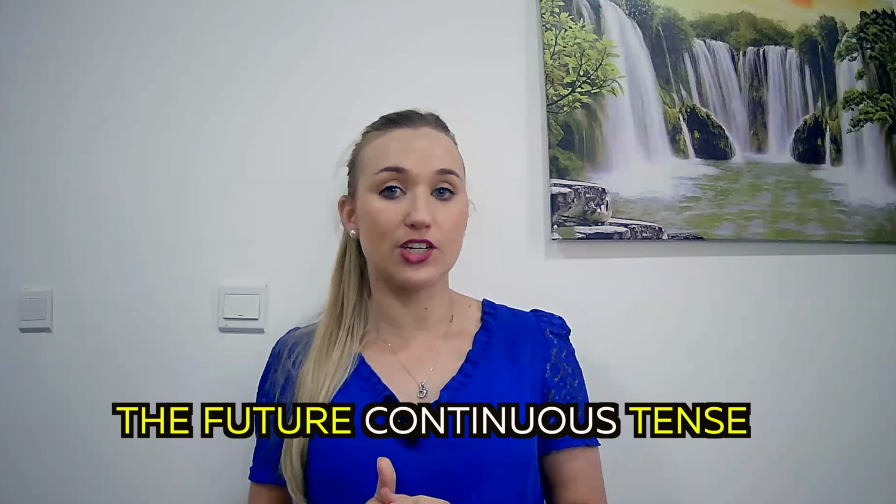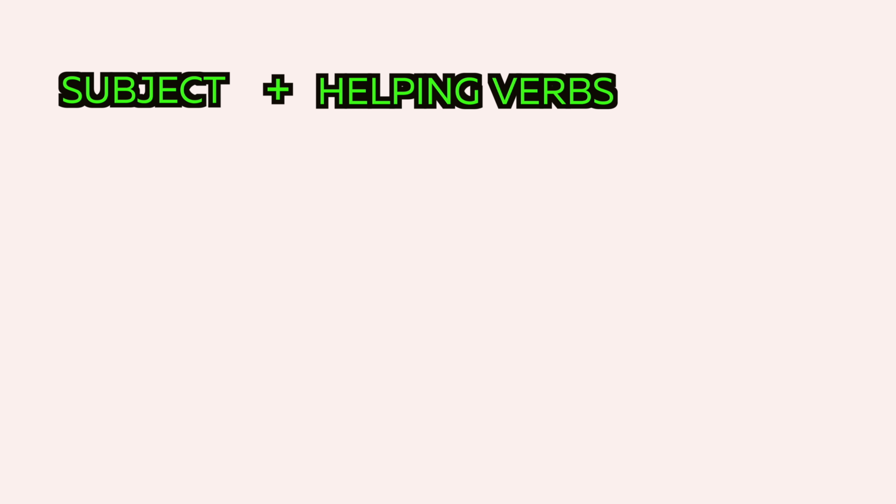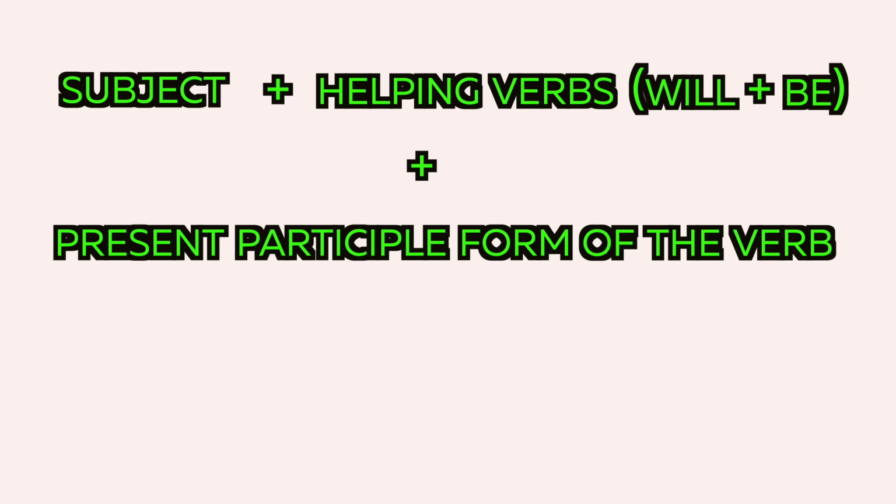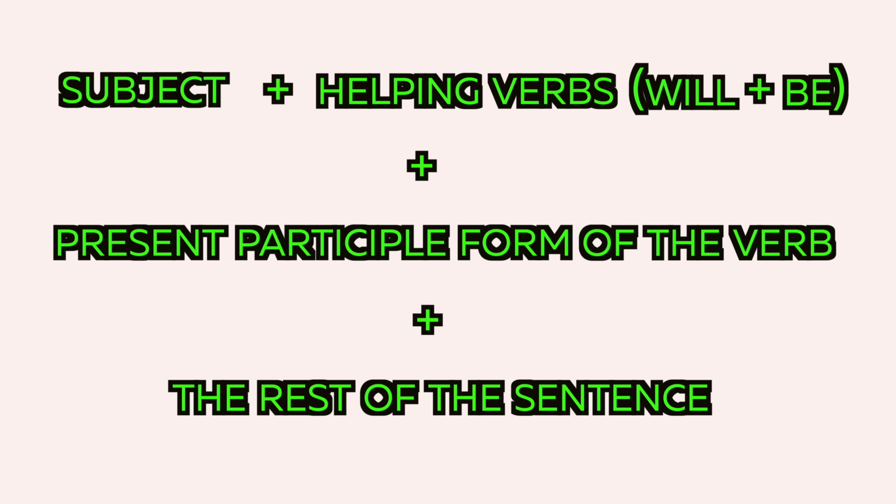The future continuous tense is generally used to represent an event or action that is happening at a specified time in the future. The formula of the future continuous tense is as follows. The subject plus the helping verbs will, be, plus the present participle form of the verb, plus the rest of the sentence.